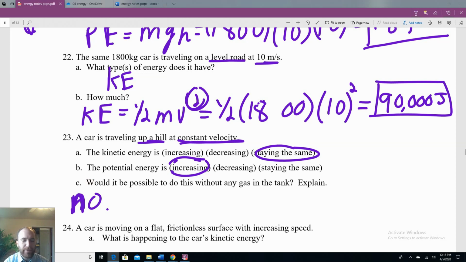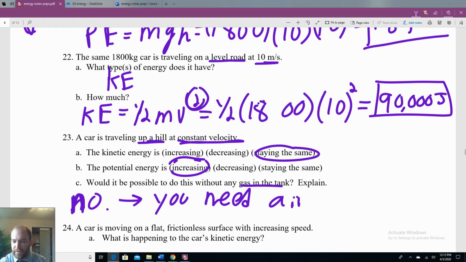If you're gaining height, where would the energy come from? It has to come from somewhere. Probably, since you're driving a car, it comes from the gas in the tank. So you need an energy source, right? You need somewhere for all of that energy to come from, that potential that you're gaining as you climb the hill.